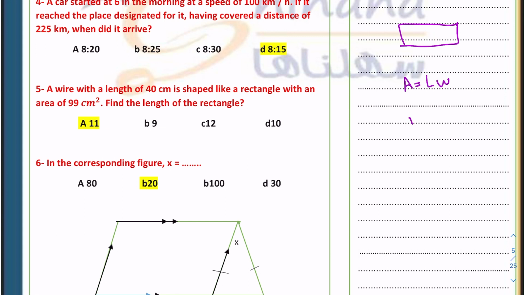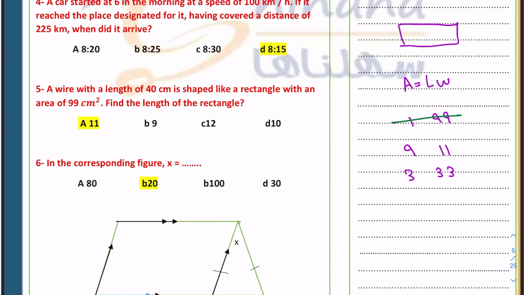So it's maybe 1 times 99, maybe 9 times 11, maybe 3 times 33. Let's see the options. Of course, I will ignore 99 because the perimeter is 40, so the sum of the 4 sides should be 40.